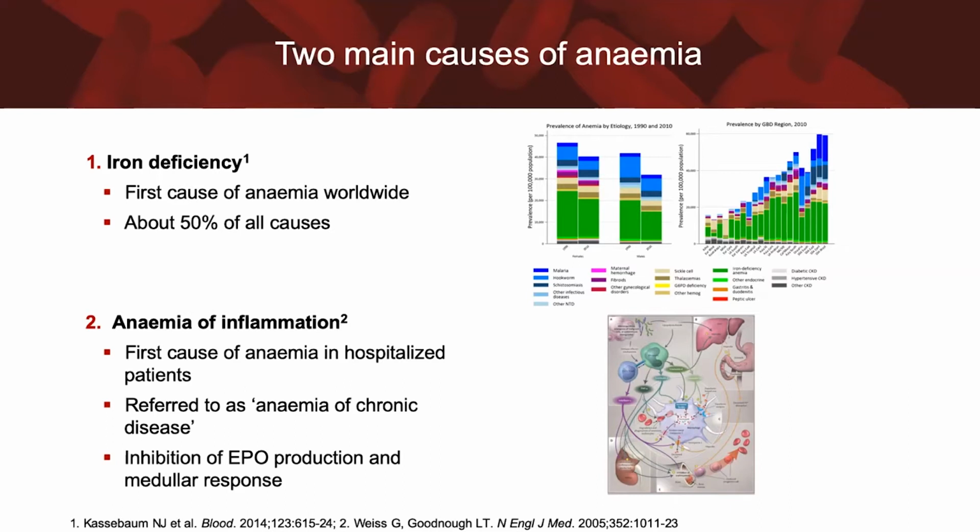This is the first cause in hospitalized patients. It is sometimes referred to as anemia of chronic disease. And in this kind of anemia, the inflammation induces an inhibition of EPO production and of medullary response to erythropoietin. And that is why erythropoietin could be proposed to treat this anemia of inflammation.